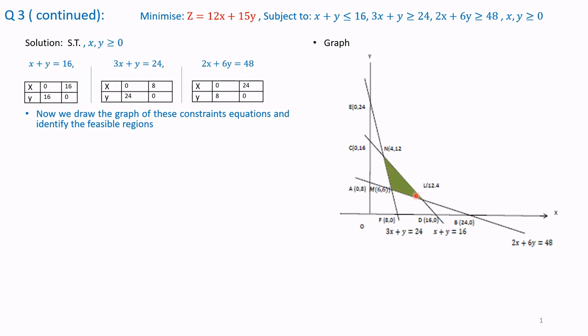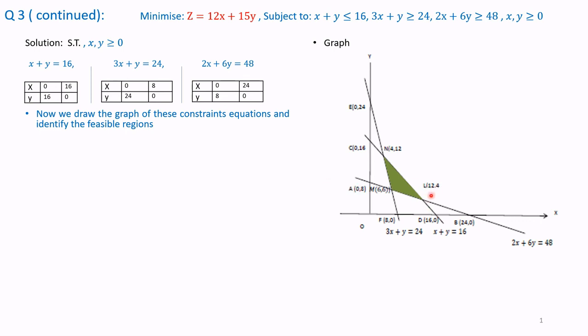The feasible region between three lines. So this is line 1, line 2 and line 3 and this is the feasible region and we will mark the vertices of this region. The vertices are L, M and N and if you measure their coordinates on the graph sheet you will get L as 12 and 4.